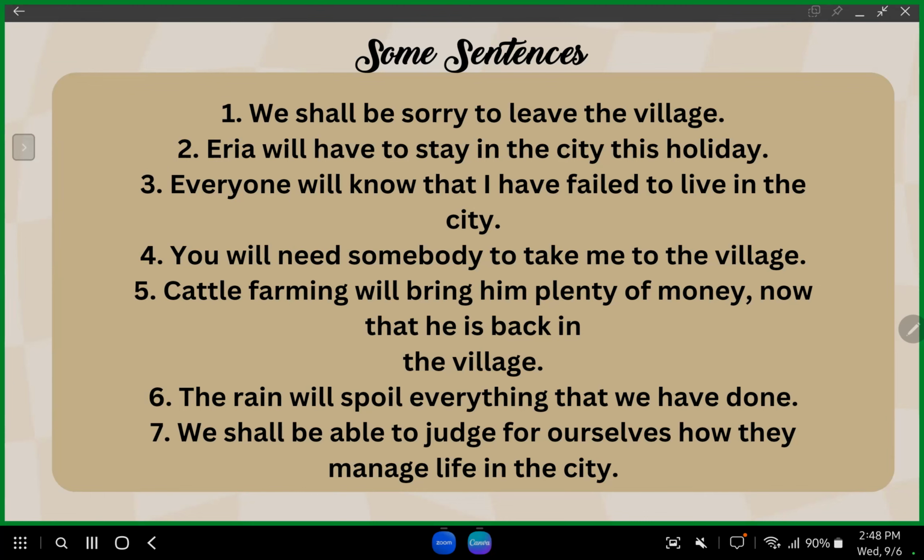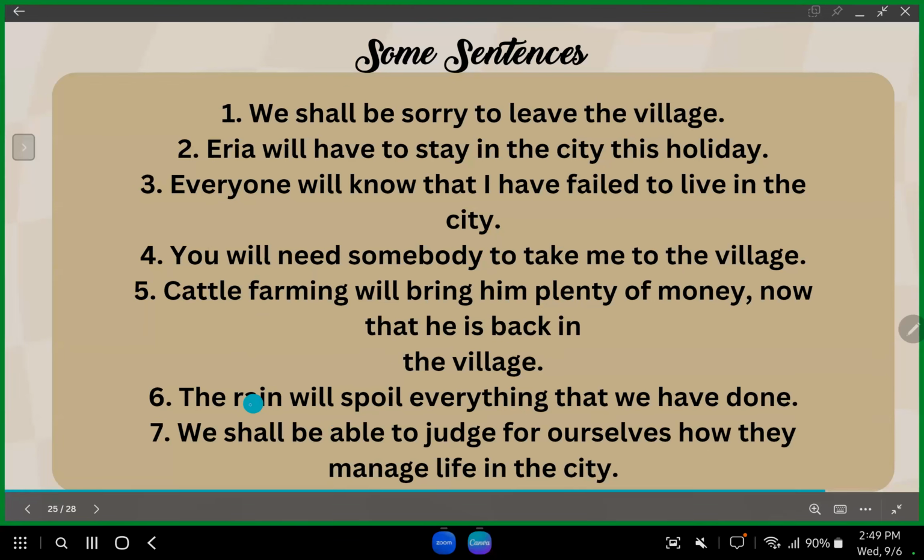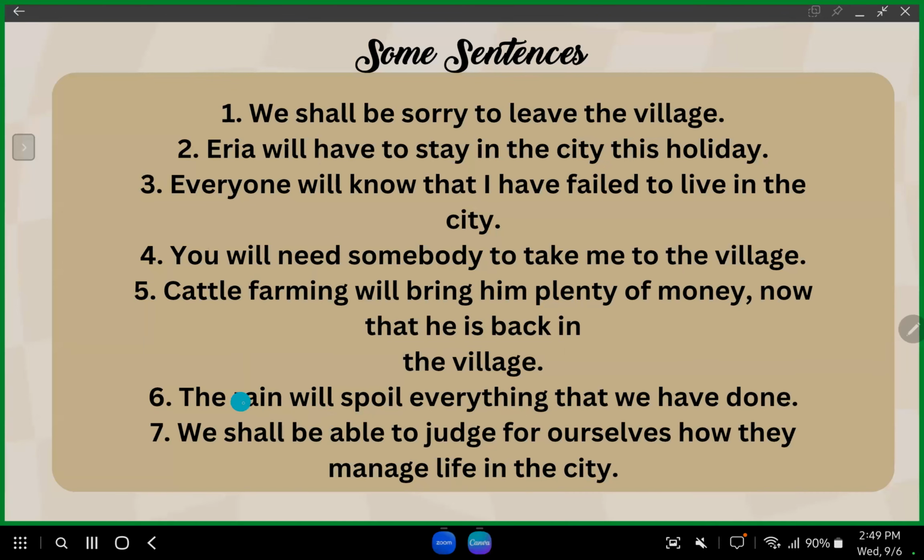You see from these sentences, you will, Area will, your name and will, the rain will, we shall, cattle farming will. So if you're talking about something, not a person, maybe like an object, let's say like the rain will. They didn't say the rain shall. The rain will spoil everything that we have done.